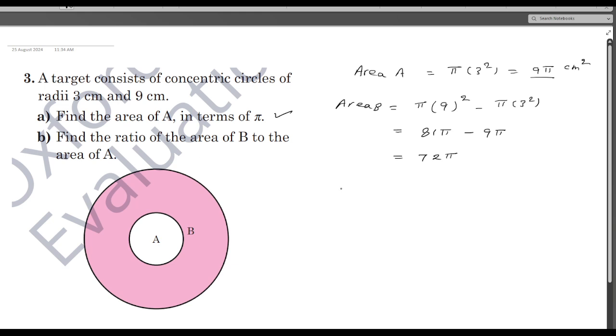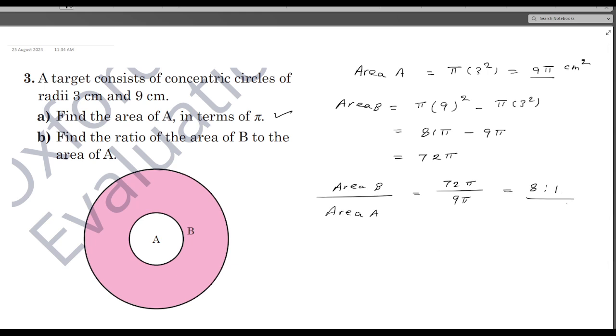And therefore area of B divided by area of A will be 72 pi divided by 9 pi. That gives you 8 ratio 1. So the ratio of area of B to the area A is 8 divided by 1, 8 ratio 1.